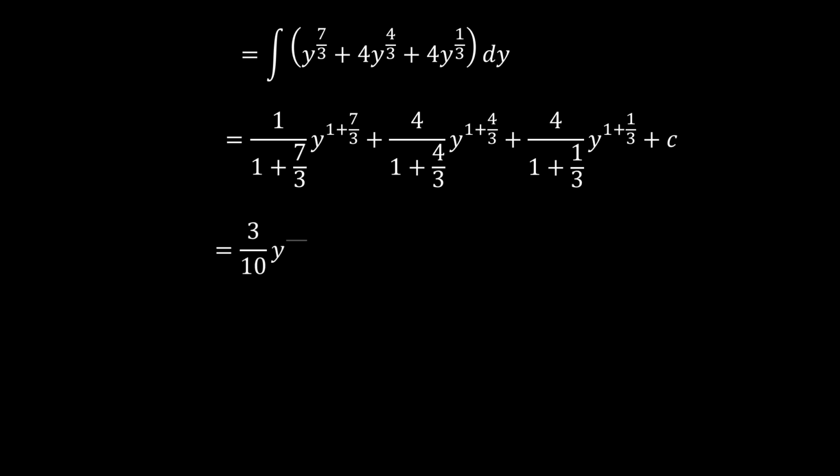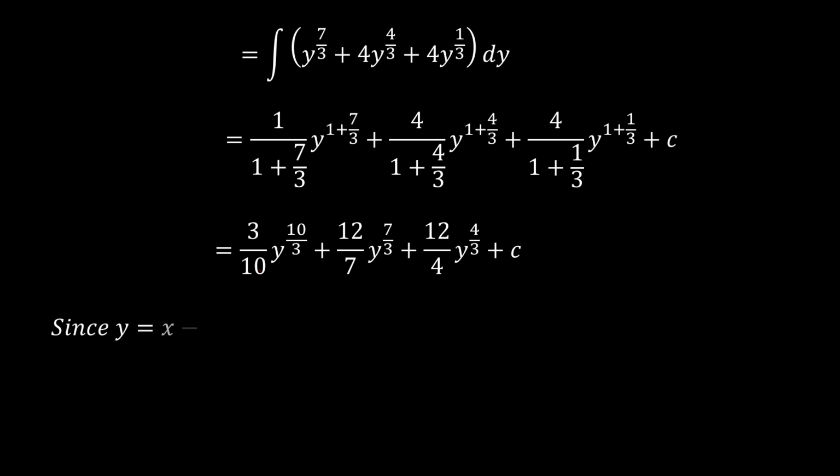And so when you simplify these, 3 plus 7 is 10, and the 3 goes up, so 3/10 y to the power 10/3, plus 12/7 y to the power 7/3, plus 12/4 y to the power 4/3, plus the integration constant.